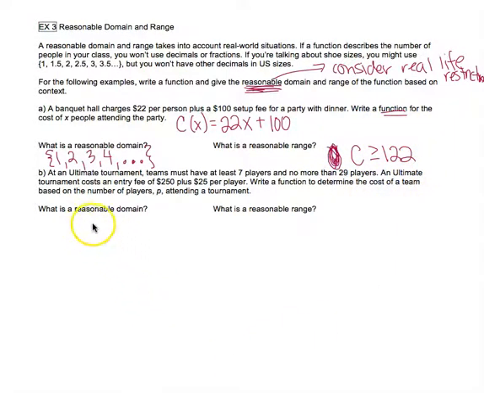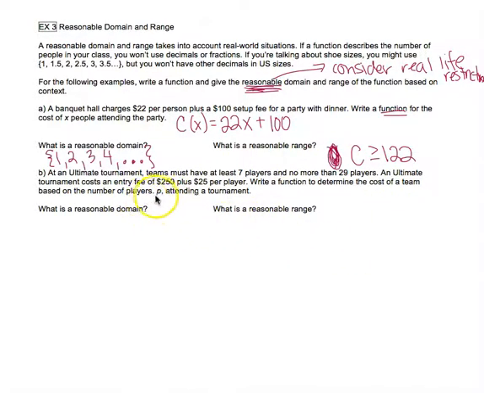All right, last one. At an ultimate tournament, teams must have at least 7 players and no more than 29 players. An ultimate tournament costs an entry fee of $250 plus $25 per player. Write a function to determine the cost of a team based on the number of players P attending a tournament.